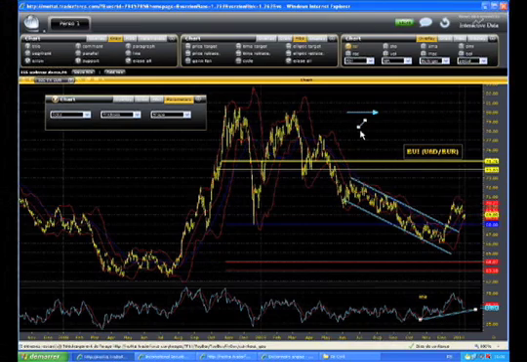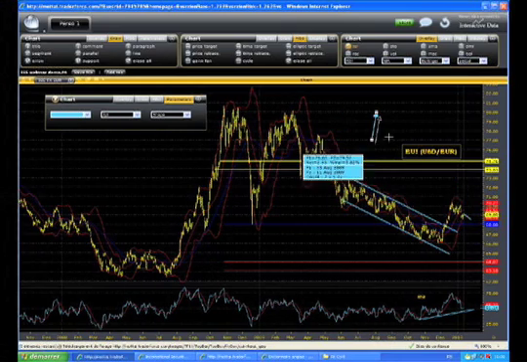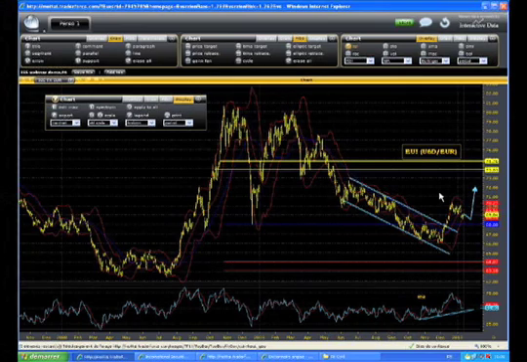So the outlook, we said that the outlook has turned bullish. So on the US dollar against the euro, after this pullback, we can say that the US dollar will go higher as long as 68 remains a support.